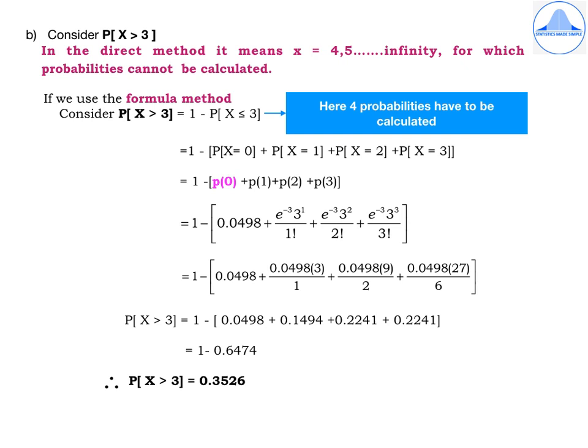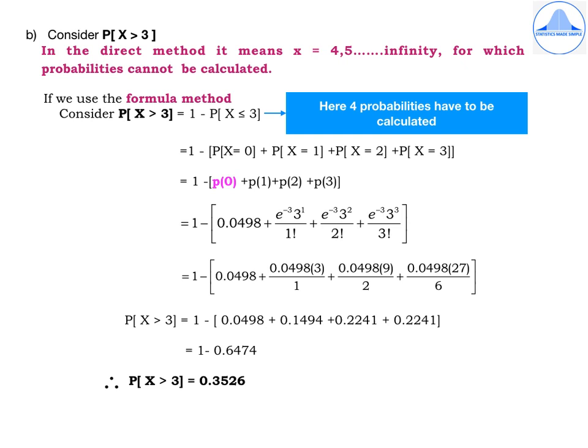plus e to the power minus 3, 3 cubed divided by 3 factorial, which further simplifies to 1 minus, within square brackets, 0.0498 plus 0.0498 into 3 divided by 1 plus 0.0498 into 9 divided by 2, because 2 factorial is 2, plus 0.0498 into 3 cubed, which is 27, divided by 3 factorial, which is 6.